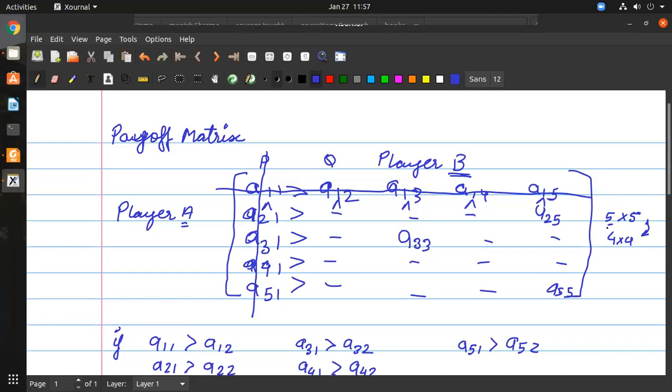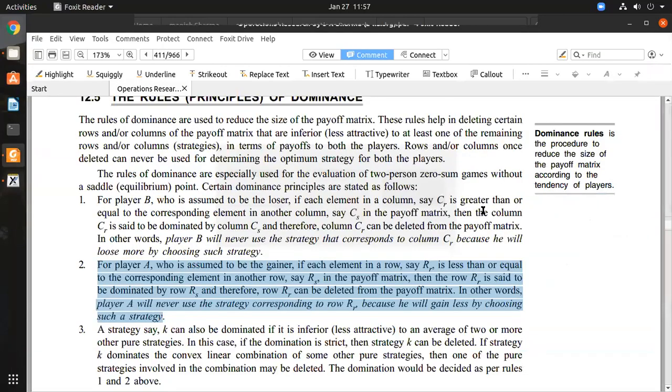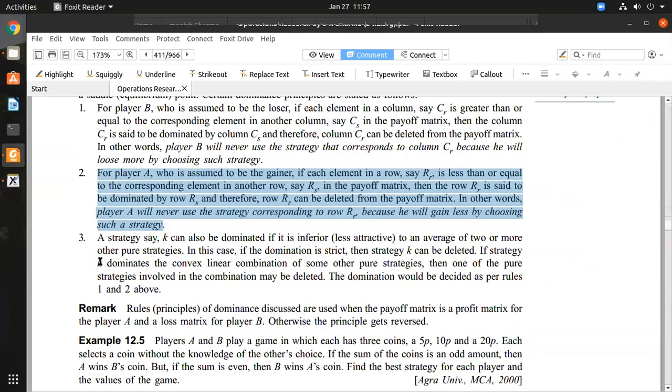So you may have 5 by 4, or 4 by 4, or 4 by 5. Correct? Is it understood? That is, sometimes you may be able to eliminate only a row, or sometimes only a column. Okay, now what is the third rule?